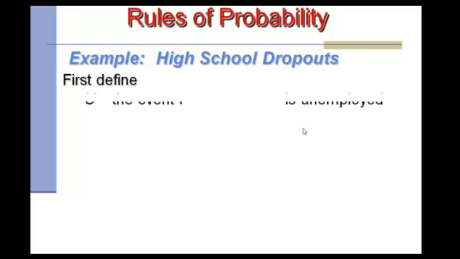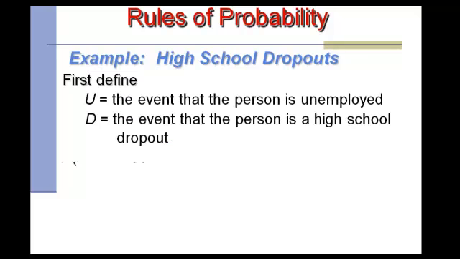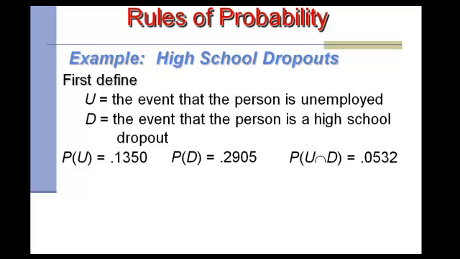So if you use U as the event that the person's unemployed and D that they're a dropout, then I've given you the probabilities. The probability of being unemployed is 0.135. The probability of being a dropout is 0.2905. And that's straight from the table. I just took the percentages and turned them into decimals.